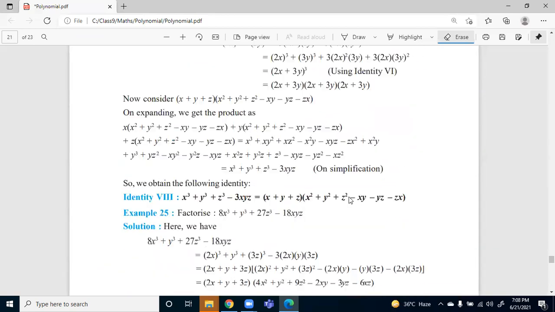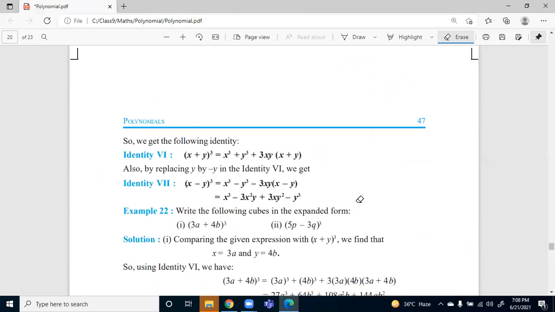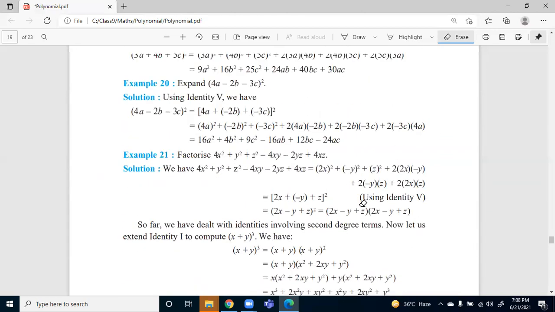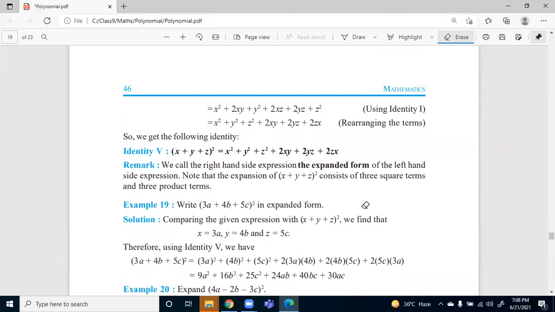So there are in all 8 identities. First 4 are the ones which you have already done in your class 8. So let's start from identity number 5. You can see on the screen identity number 5. Earlier we used to have 2 terms like x plus y whole square.